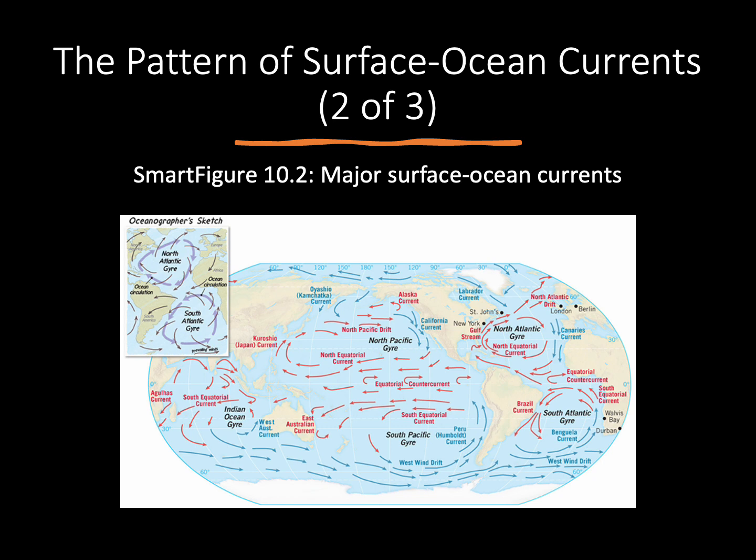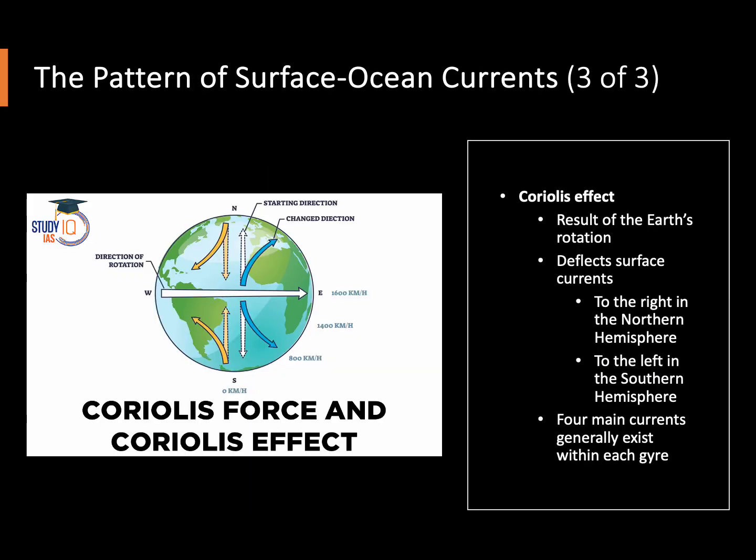We're not going to learn about each of them specifically, but I want you to notice that some are shown in red, which means that it's warm ocean water, and others are shown in blue, which is telling us that it's cold ocean water that's forming around our poles. If we looked at each individual gyre, we would see that each one actually has 4 main currents that make up each one. And all of this is due to something that's called the Coriolis effect.